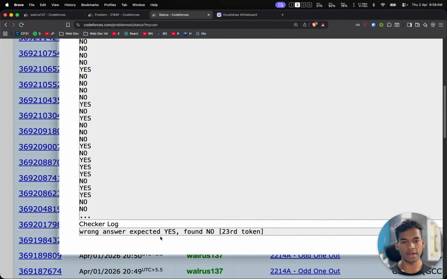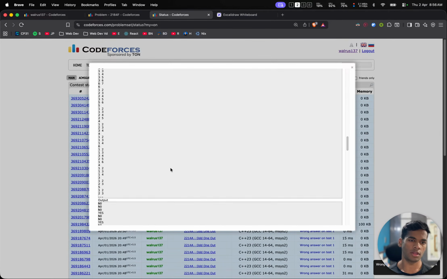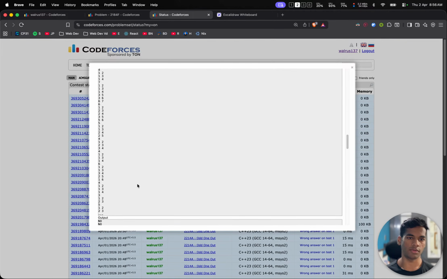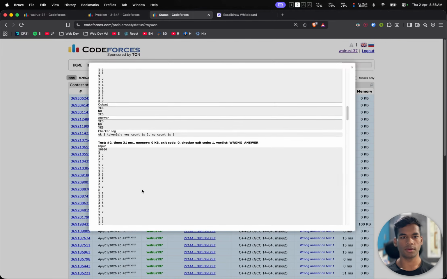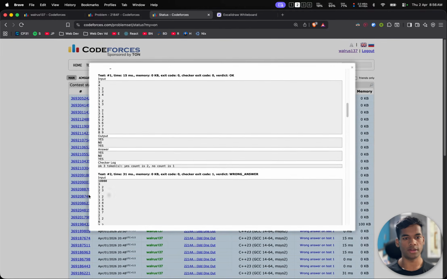What? 23, 23. The logic is correct, and this shouldn't give us a wrong answer. Let's see. We can see the test case like 23 is specifically 1000.